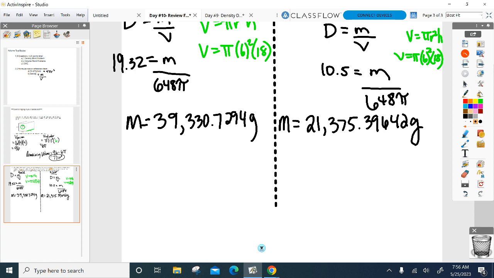The nearest gram. I'm getting the gold trophy 17,955 grams heavier.